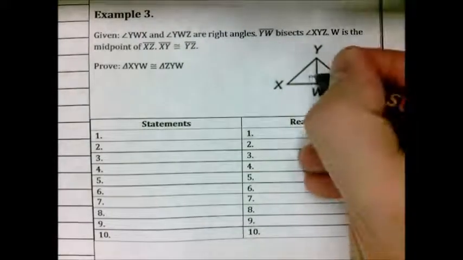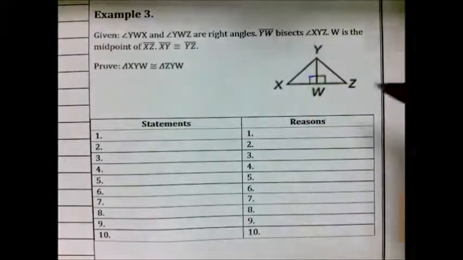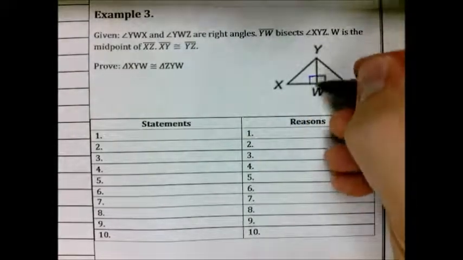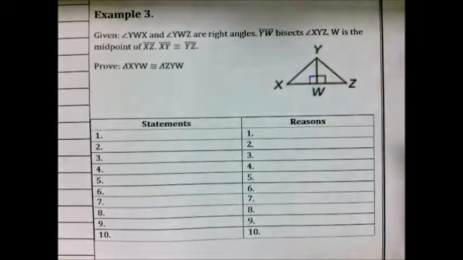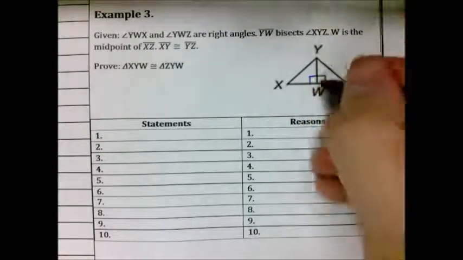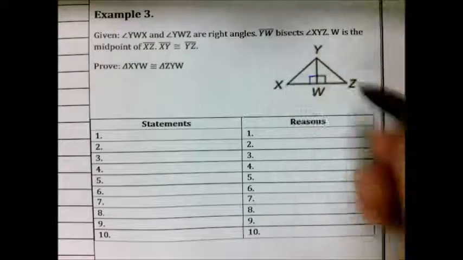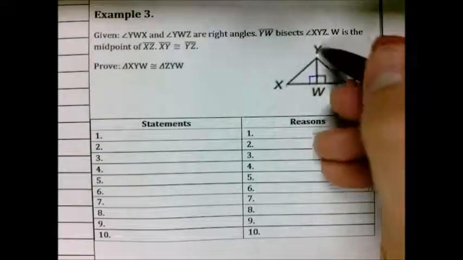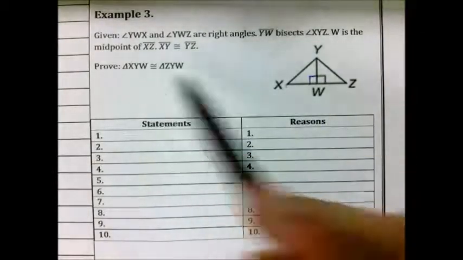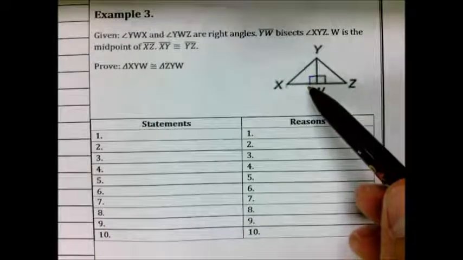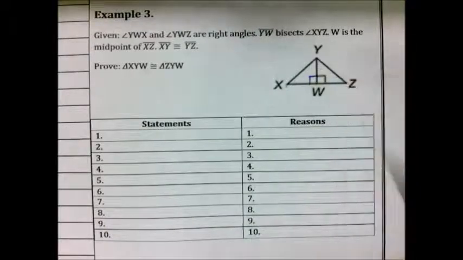So we know that both of these are 90-degree angles. We know that YW, this line right here, bisects angle XYZ, so that cuts these two angles in half. W is the midpoint of XZ, and XY is congruent to YZ. So we're given a ton of information. We're asked to prove that triangle XYW is congruent to triangle ZYW.